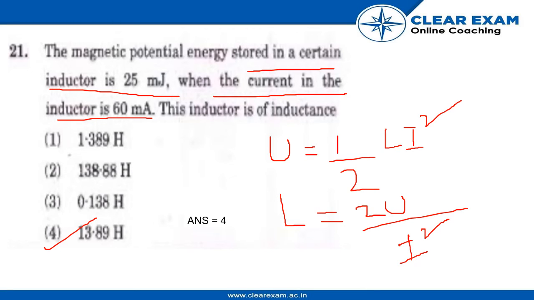We have the values of U and I square, so we put these in the formula. We get L equals 2 multiplied by 25 multiplied by 10 to the power minus 3 divided by (60 into 10 to the power minus 3) whole square. After solving that equation we get L equals 13.89. Okay, that is our option number 4.